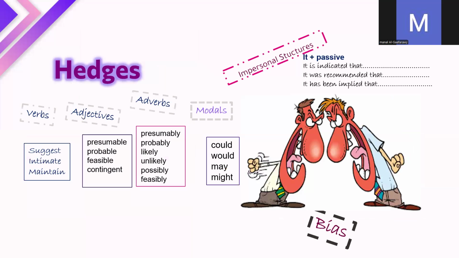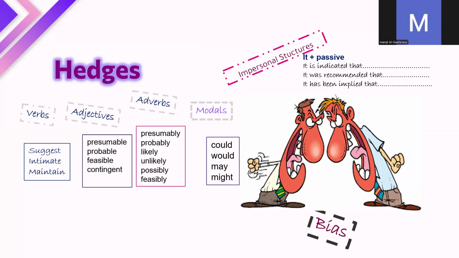Moving on to the hedges. The hedges are no different from the boosters, but this time the hedges do two further things. They reflect politeness, which is relevant to academic writing, that you have to be polite and formal.